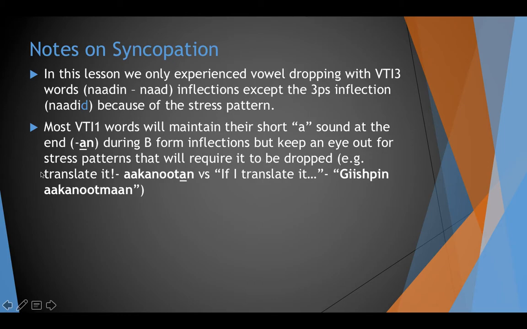For example, akanotan versus gishbin akanot mon. Remember the third last consonant rule: N is the last one, M is second last, T is the third last. There's a vowel sound here, and that A is a short sound, so that's when we'd get rid of that one.